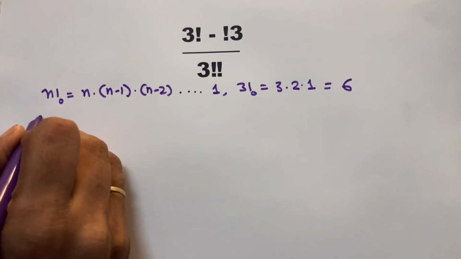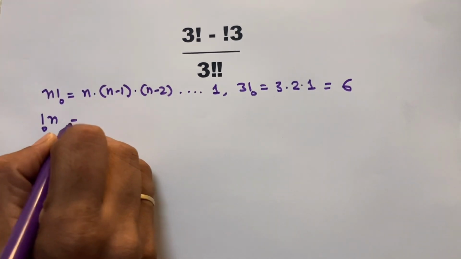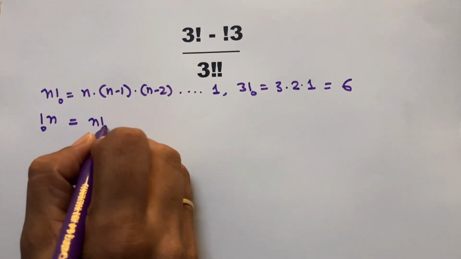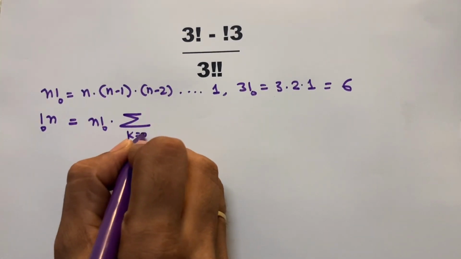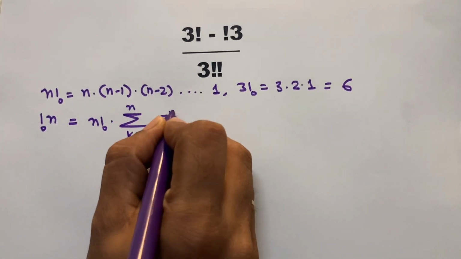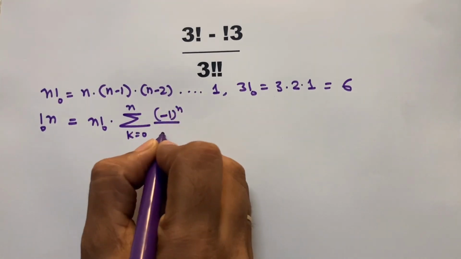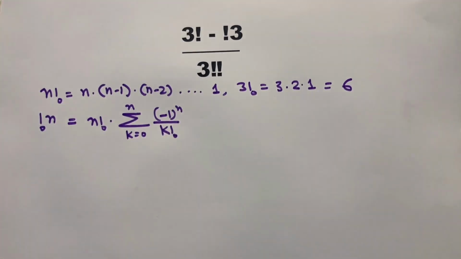Similarly, subfactorial of n equals n factorial multiplied by the summation of k equals 0 to n minus 1 of minus 1 to the power k, divided by k factorial.